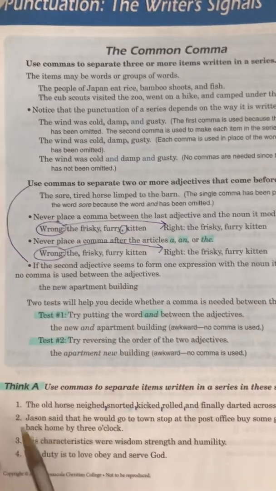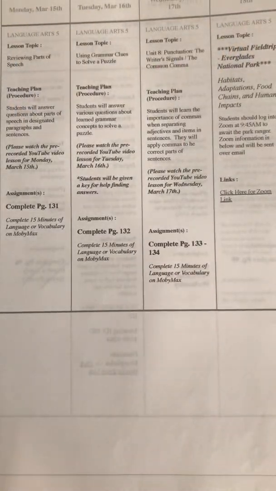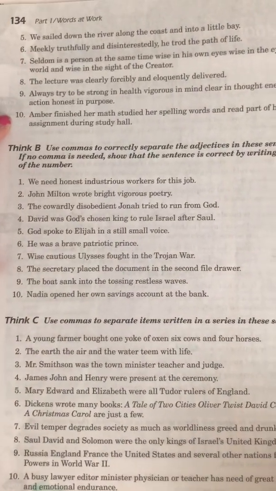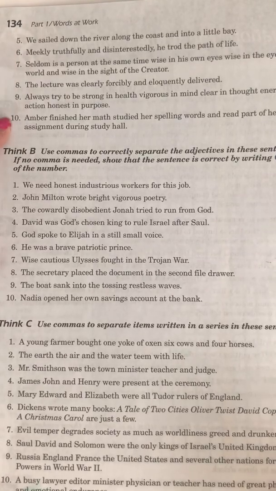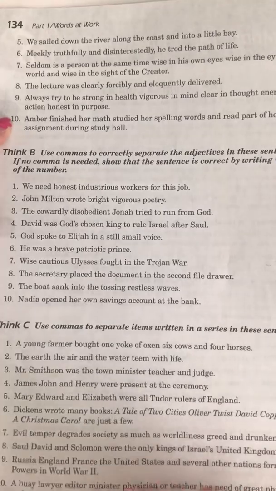So that's what you're going to do with numbers 2 through 4. And then you're going to go to the back because it continues on the same concept, where you have 5 through 10 continuing with the same exercise, putting the commas where they belong. And of course, using this page for reference for rules and tests.